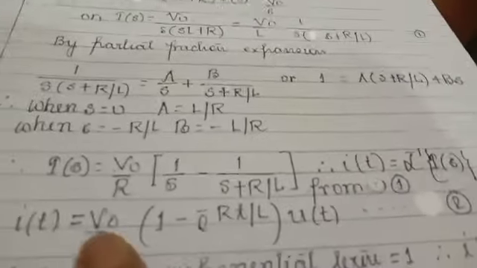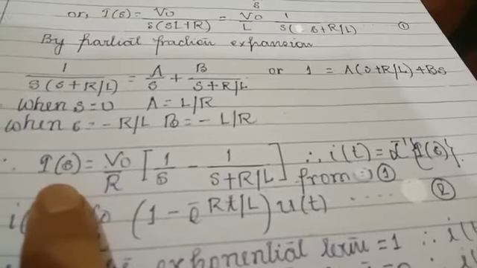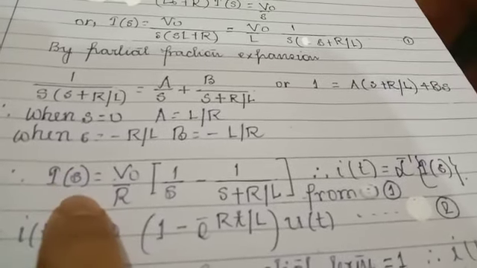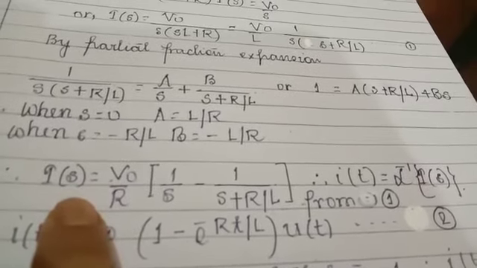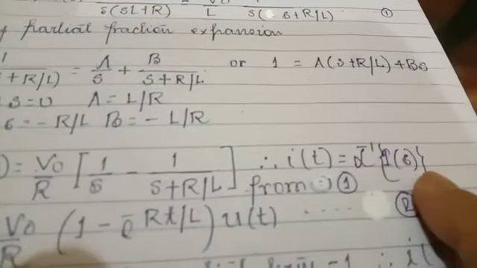I want to find out the current as a function of time, not as a function of S. So what I have to do is take the inverse Laplace transform of Is. Inverse Laplace transform of Is will give you it.